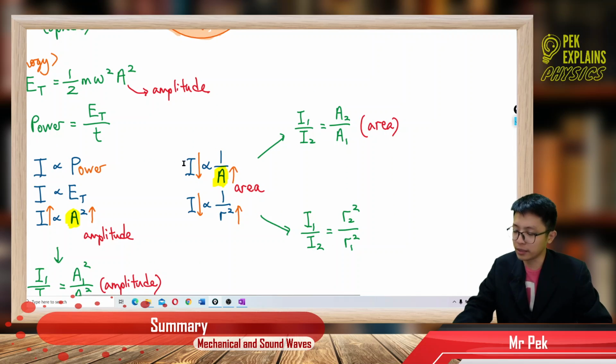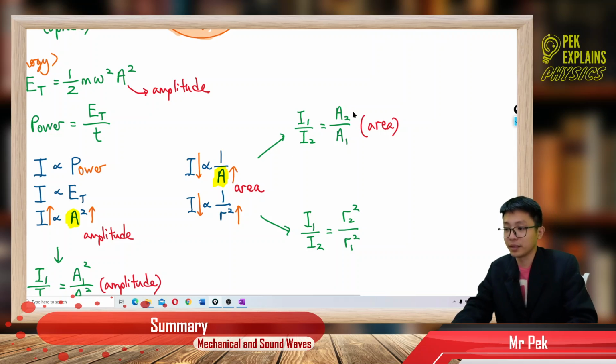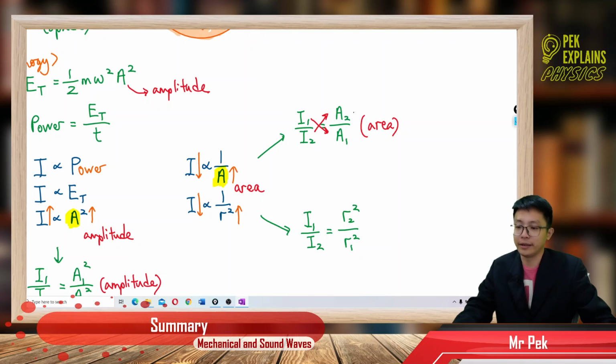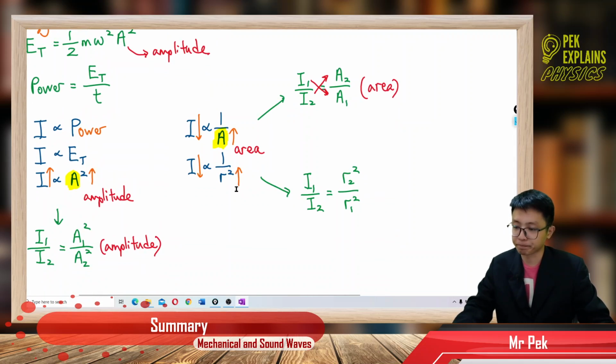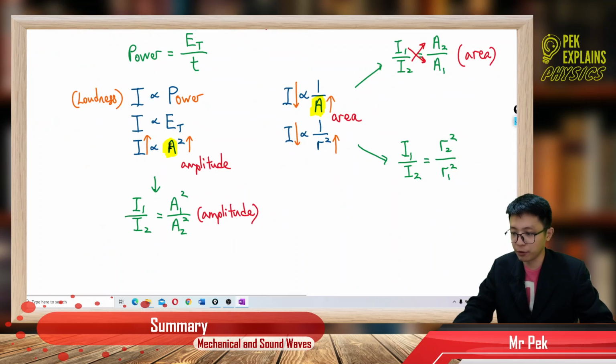Since intensity is inversely proportional to the area, if intensity 1 is above, area 1 is below. If intensity 2 is below, area 2 is above. When inversely proportional, one is on top, one below. If it is proportional, it is at the same level.